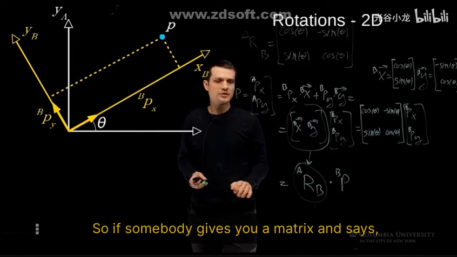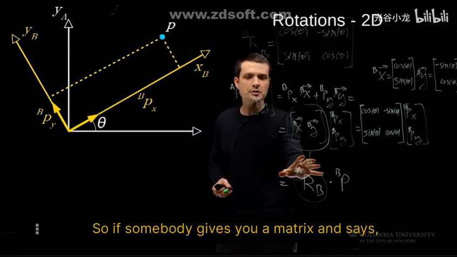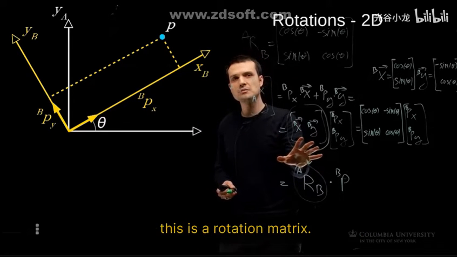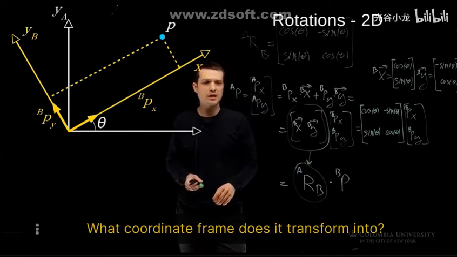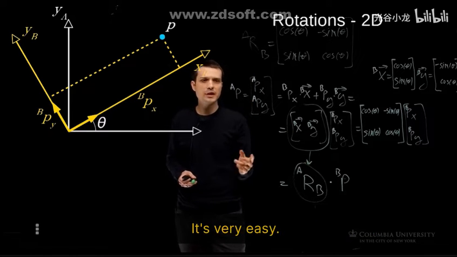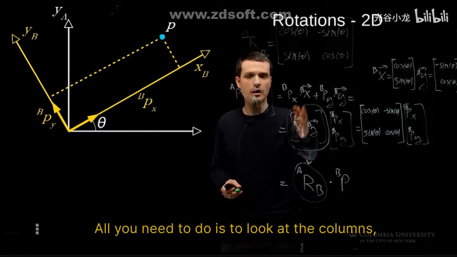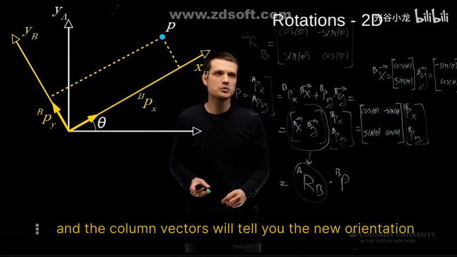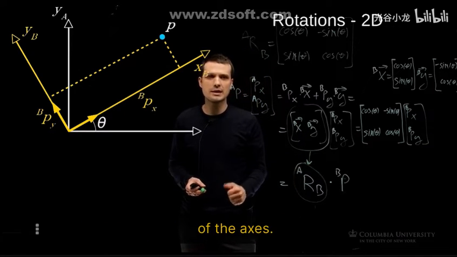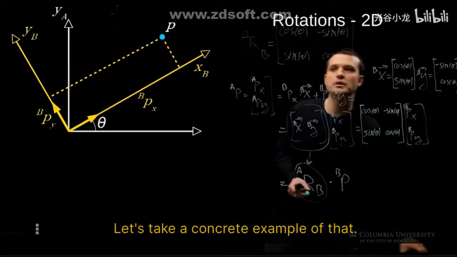So if someone gives you a matrix and says, this is a rotation matrix, what coordinate frame does it transfer me into? It's very easy. All you need to do is to look at the columns, and the column vectors will tell you the new orientation of the axes. Let's take a concrete example of that.